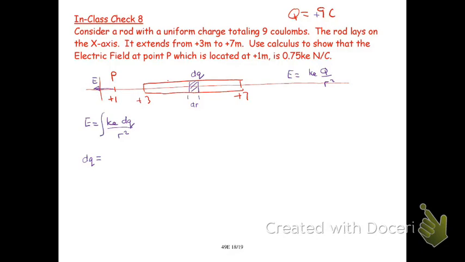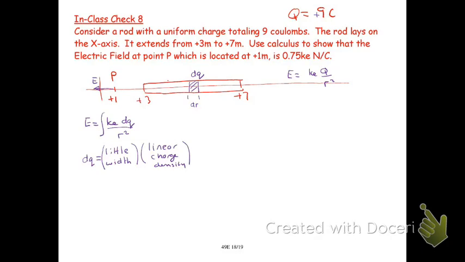It's the little width multiplied by the density of charge. But it's a width, so it's the linear charge density.